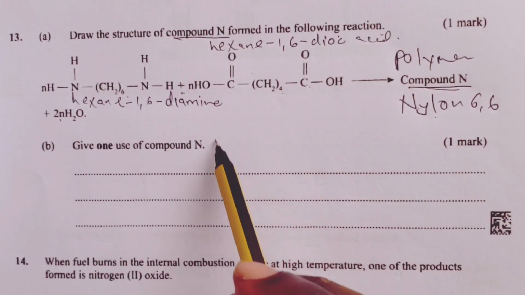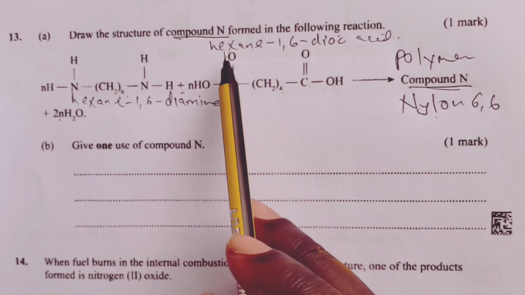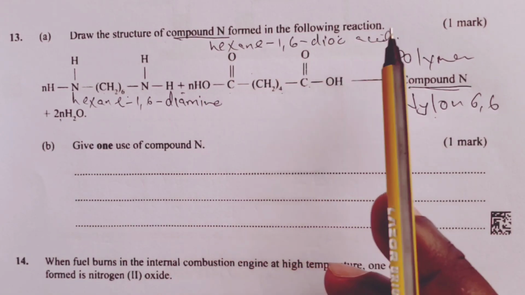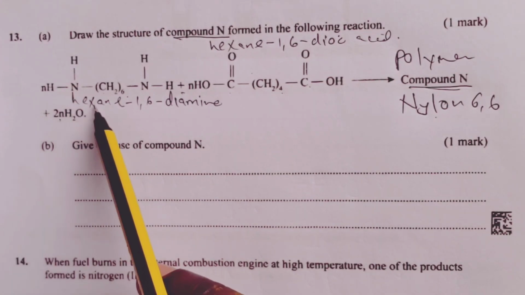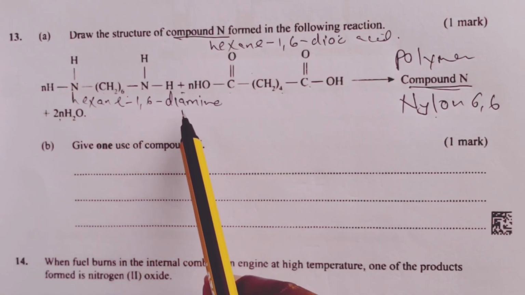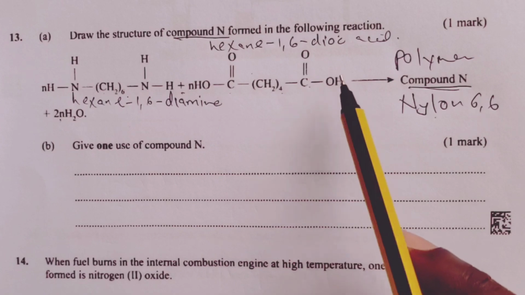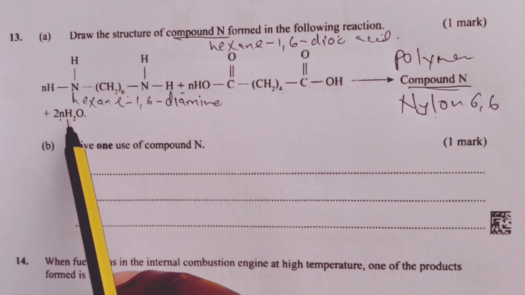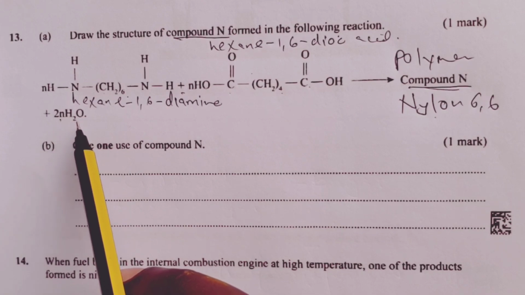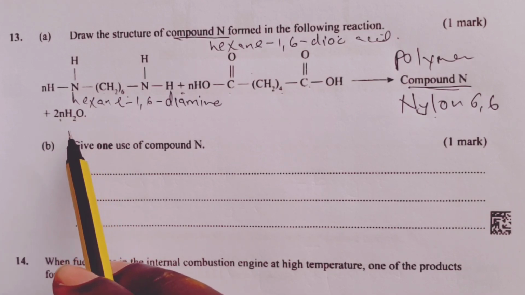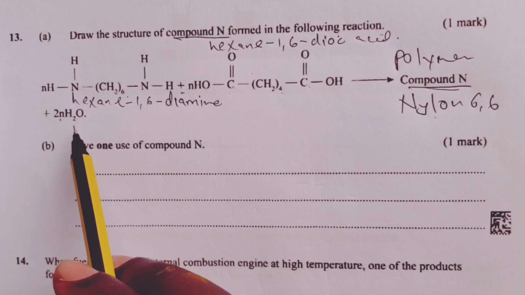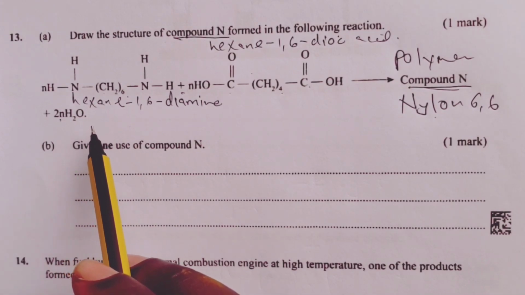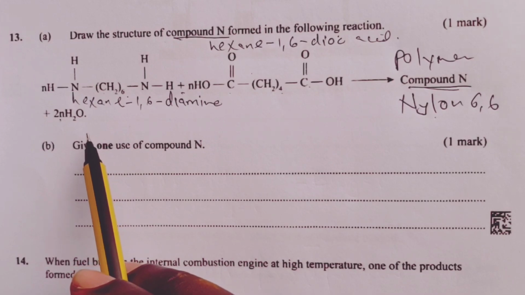So when you take N of hexane 1,6 dioic acid and N molecules of hexane 1,6 diamine, you end up getting polymer nylon 6,6, and of course with elimination of a few water molecules. And that is why this process is normally called condensation polymerization.